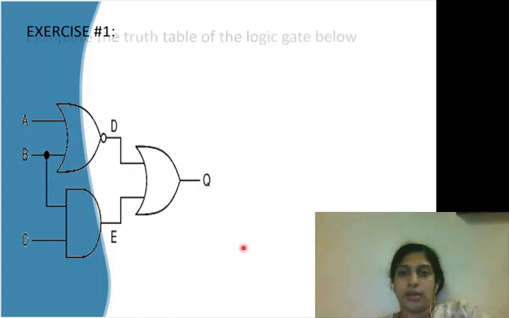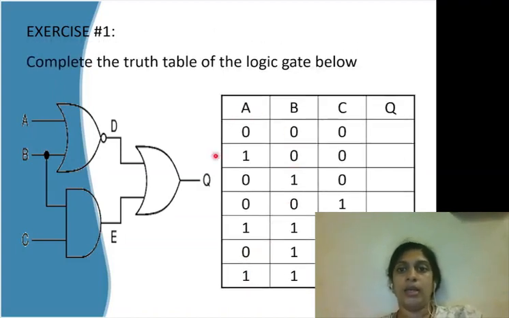Here is the idea to write the truth table. We have to represent the 3 inputs and only the final output in the truth table. So just write all the possible combinations of these 3 inputs, that is 0 0 0, 1 0 0, 0 1 0, 0 0 1, 1 1 0, 1 0 1, 0 1 1, 1 1 1.